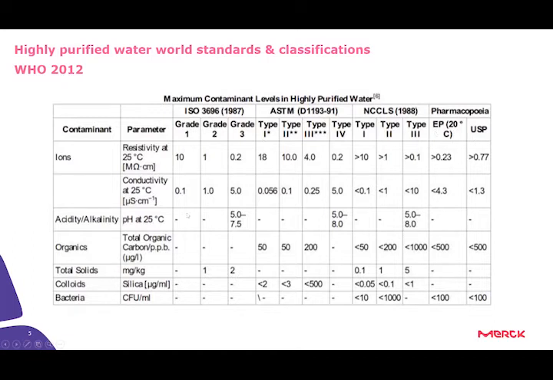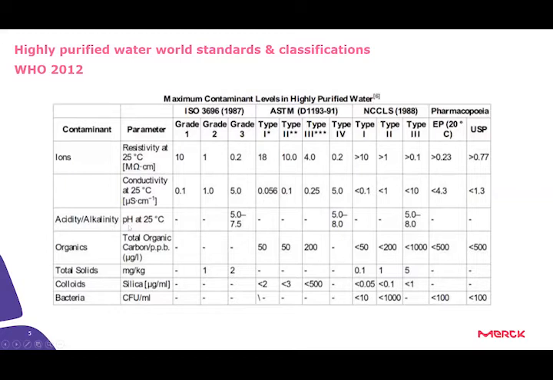As the main monitoring parameters, you will see the definition of resistivity or conductivity. When we talk about ISO, you will see grade 1 starting with 10 mega ohm, which is equivalent to 0.1 microsiemens. ASTM, or American Society for Testing and Materials, will be speaking about 18 mega ohm, which is equivalent to 0.056.